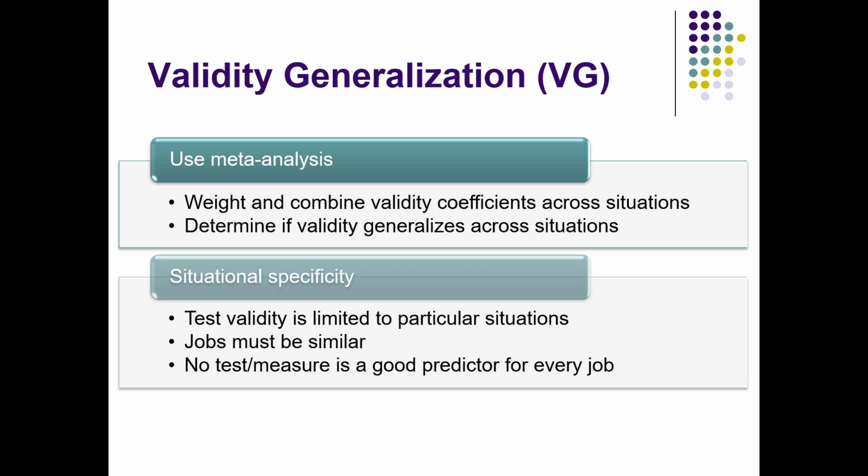It used to be in the old days that they acted like an application blank and an unstructured interview were all you really needed for hiring good employees. We now know you can't say all jobs are going to be well hired through those kinds of measures. So we want to make sure that we're using tests or measures, a battery, that's really a good predictor for the kind of job that we're hiring for.